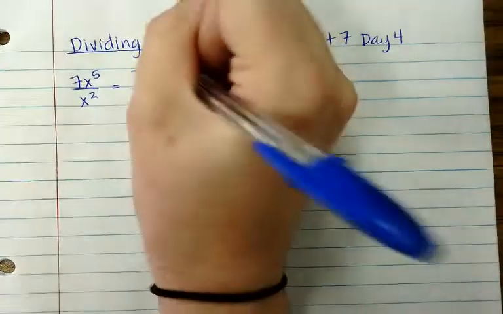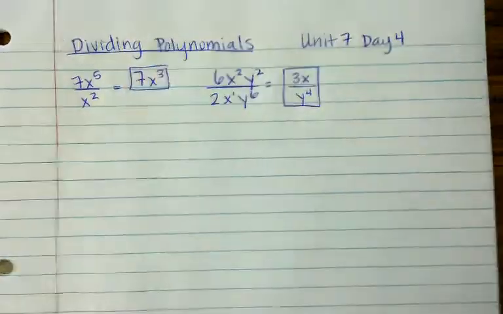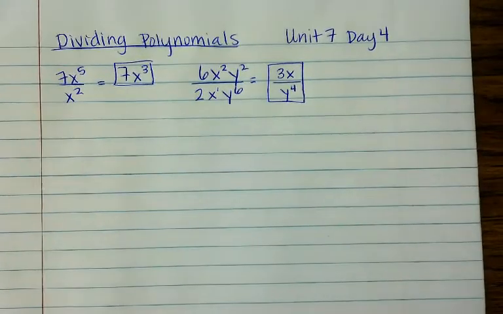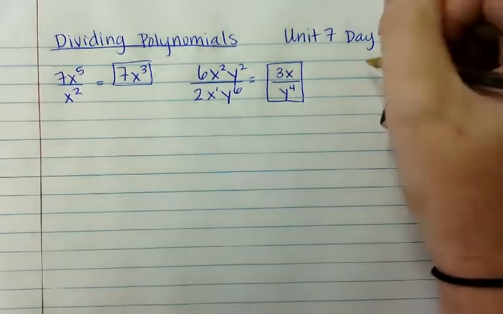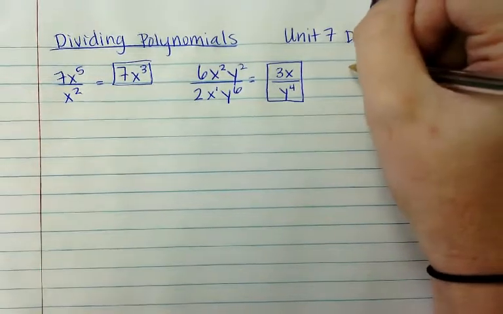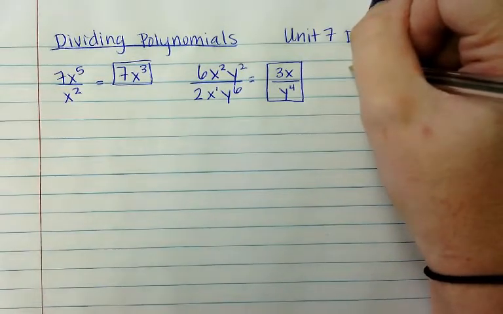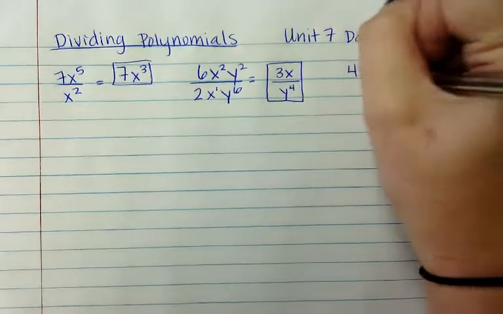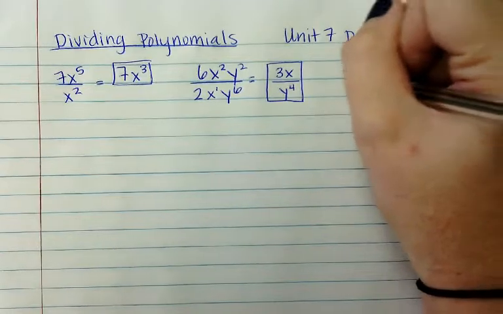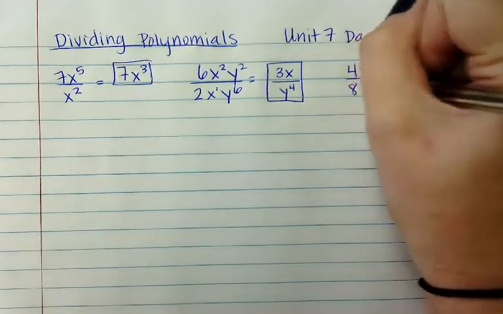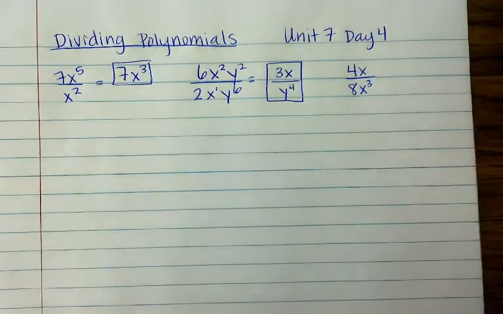When we are simplifying our quotients here, or where we're dividing. All right, I'm going to do one more where we have, let's say, 4x divided by, I don't know, 8x cubed.